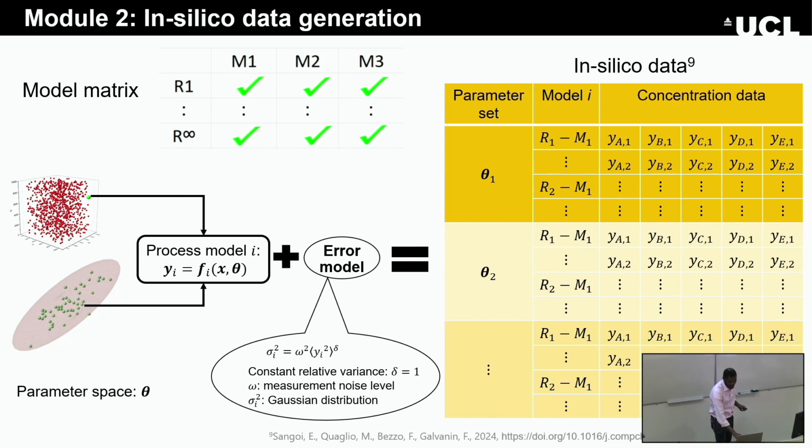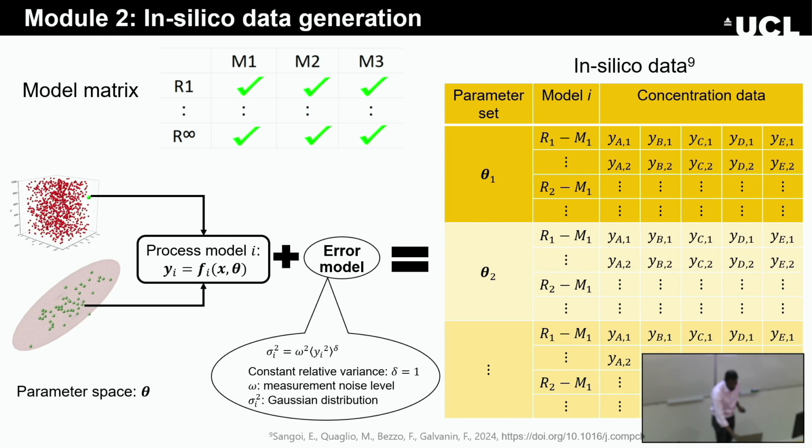We add a measurement error model to it, and this measurement error is assumed to follow constant relative variance, and then it is assumed to be normally distributed following the Gaussian distribution.